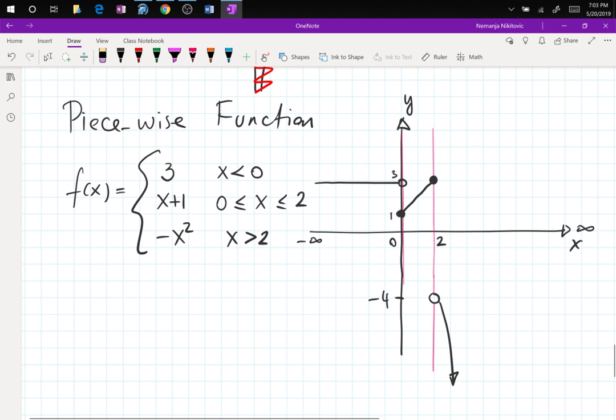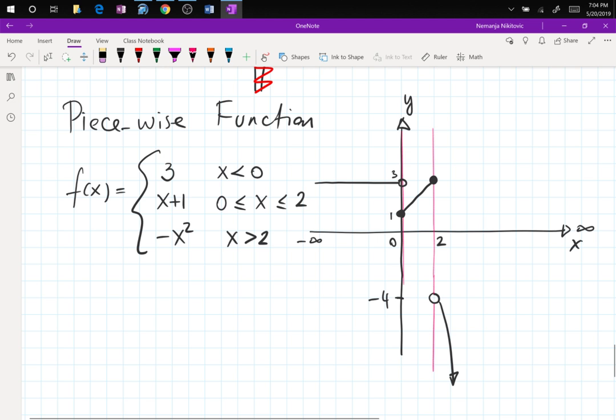You are not allowed to stack these functions one on top of the other. You are not allowed to have two filled-in circles one on top of the other, because... what? Uniqueness, exactly. The word unique allows you to only have one y value for any given x.